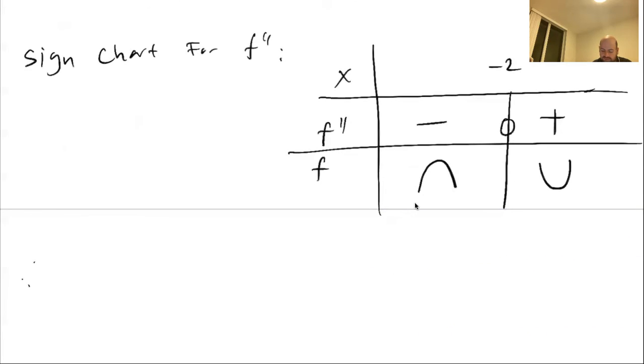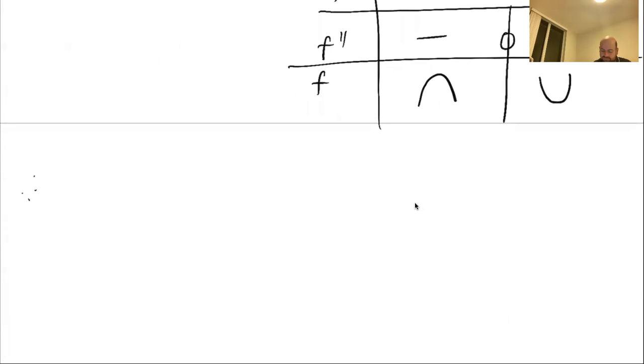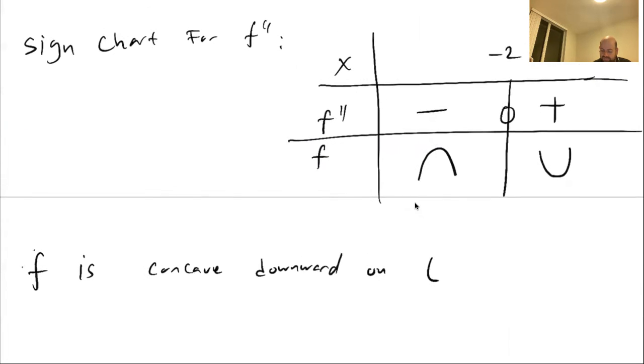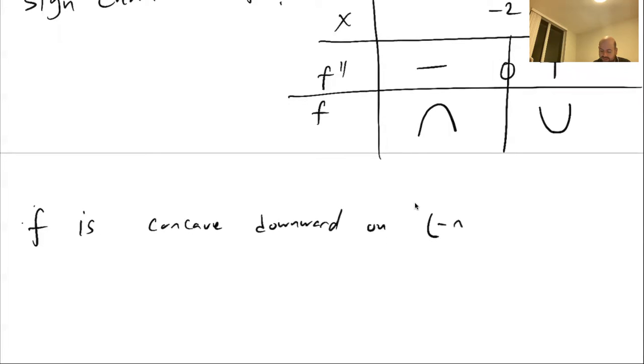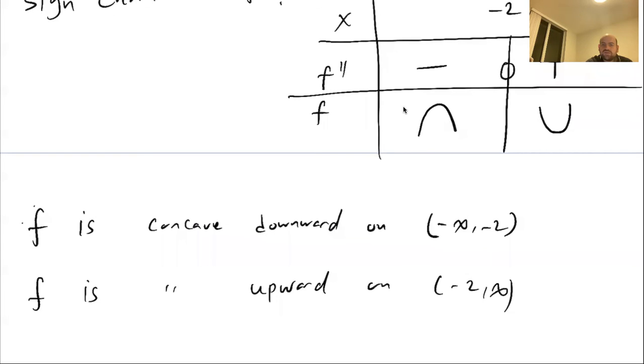So we can say f is concave downward on minus infinity to minus 2, and f is concave upward on minus 2 to infinity, right? Concave downward on this region, concave upward on this region.